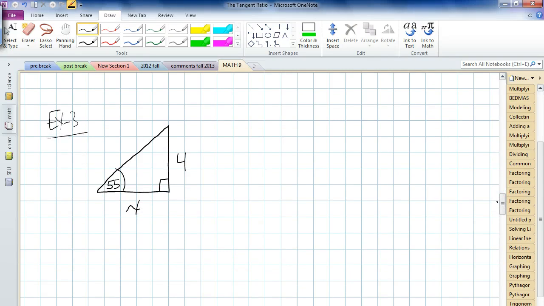How about this? This one's a little tricky. I'll show you why in a second. So that is the adjacent. That is the opposite. So opposite, adjacent, we need to use our tan buddy again. Tan theta is equal to opposite over adjacent.